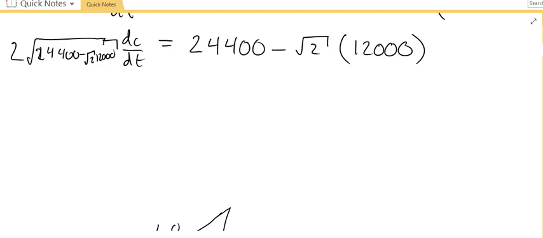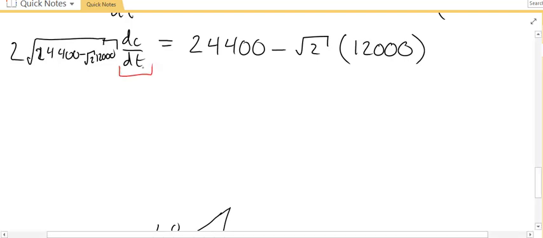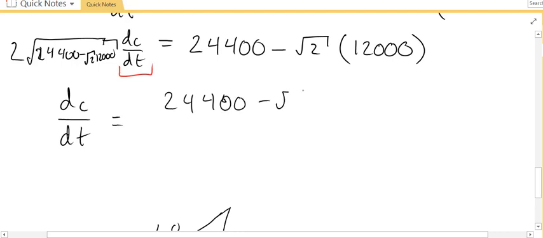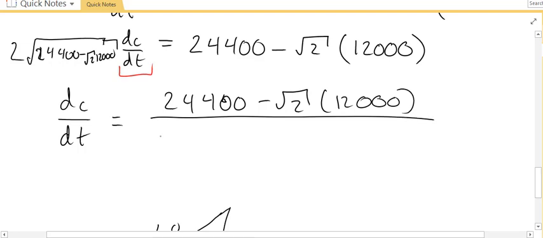So as we divide on the left to get dc/dt alone, we get dc/dt will equal 24,400 minus the square root of 2 times 12,000, and we've got this 2 on the bottom here, and with the radical.